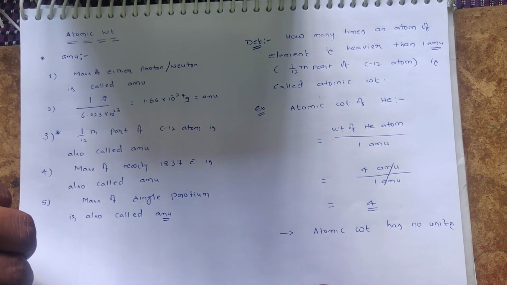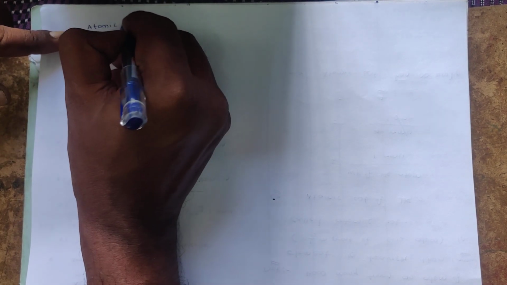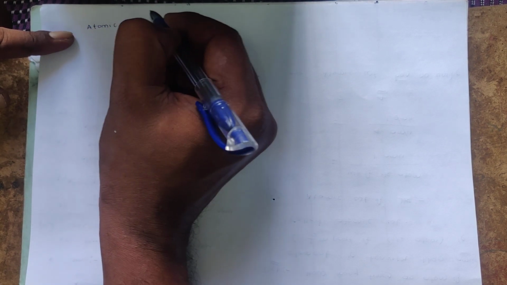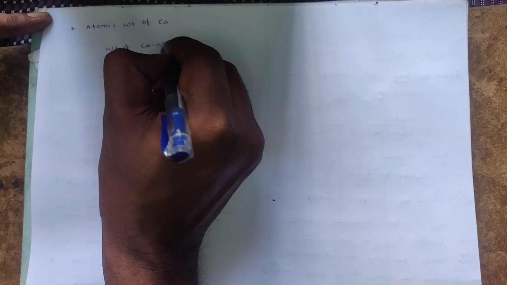Let us calculate atomic weight of calcium. One more example. How can you calculate atomic weight of calcium? Here, divide weight of calcium atom with how much? 1 AMU.